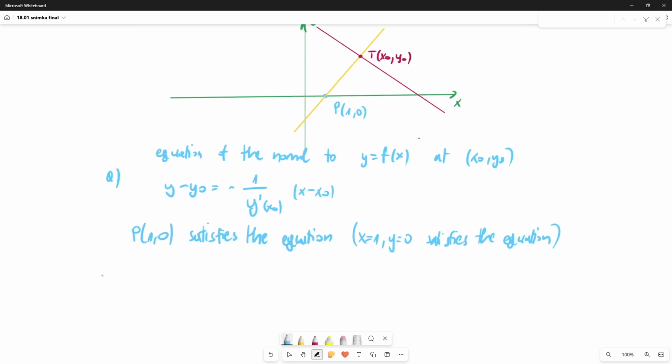Let's plug this in. So we have 0 minus y0 is equal to minus 1 over y prime at x0 times 1 minus x0.